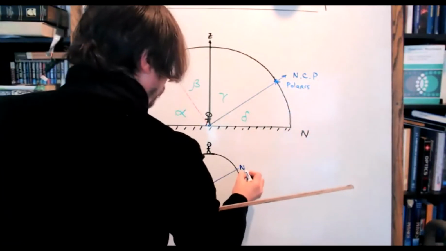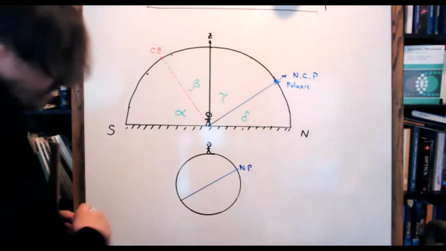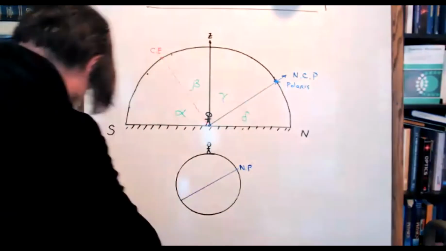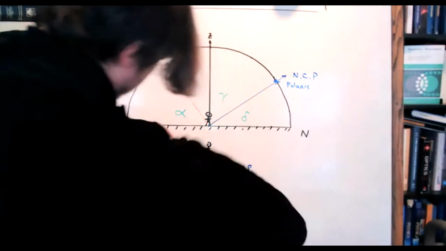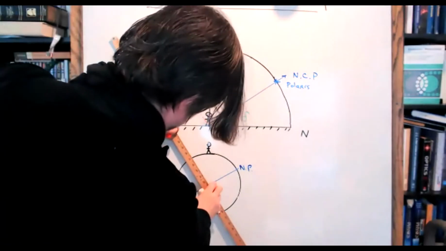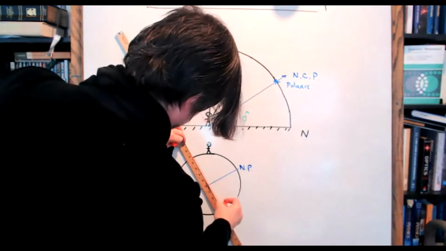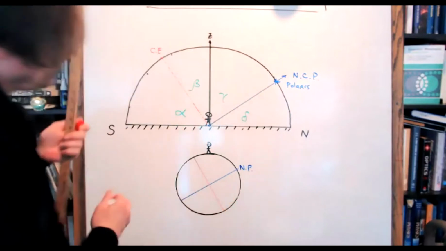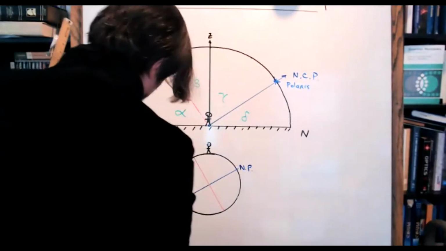So that's the north pole of Earth. And I'll draw the equator perpendicular to that. Like so. Then I'll draw a line pointing from the center of Earth to the foot of the observer.